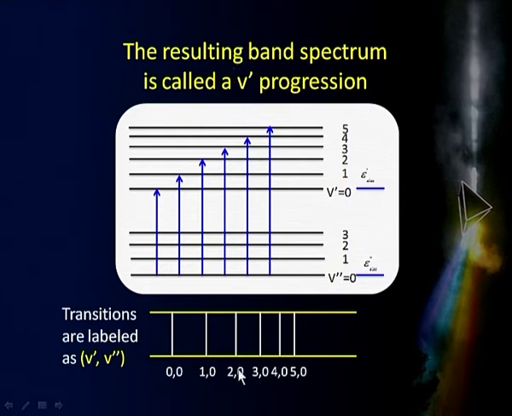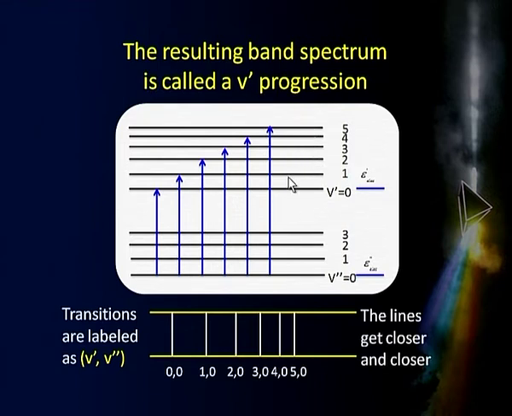Let us have a look at one more very significant point here. If we look at the lines here, we find that these lines are getting closer and closer as our value of V prime is increasing. Why does it happen? To understand this, let us have a look at our V prime levels here. We find that the difference between V prime equal to 0 and V prime equal to 1 level is reasonably large, but as you go from level 1 to 2, this gets slightly closer, from 2 to 3 it gets still closer, and so on and so forth.